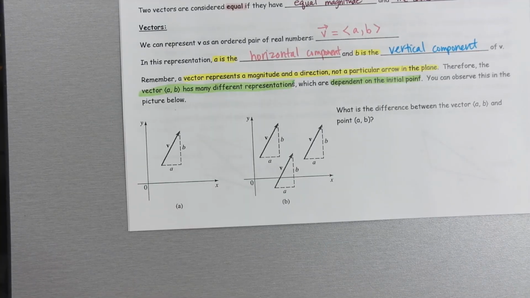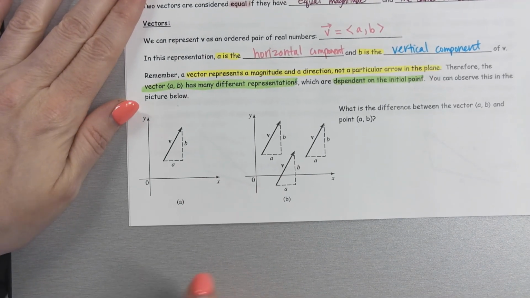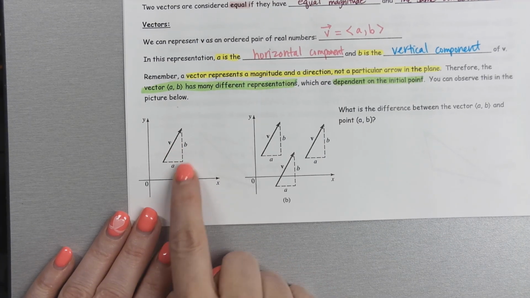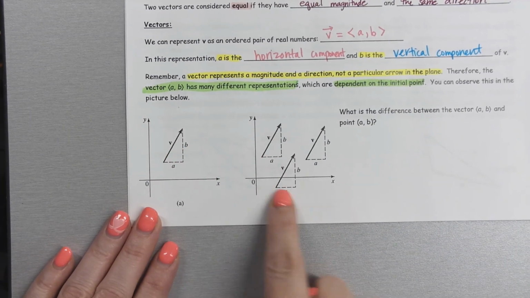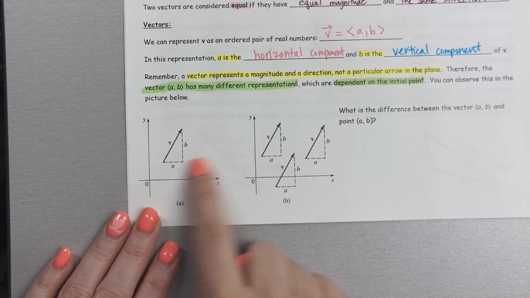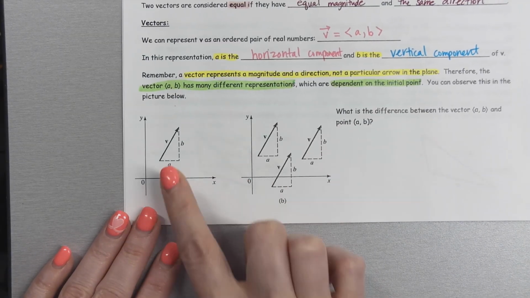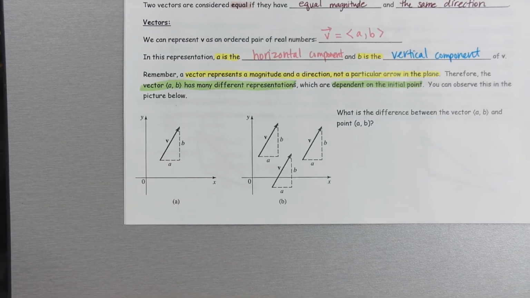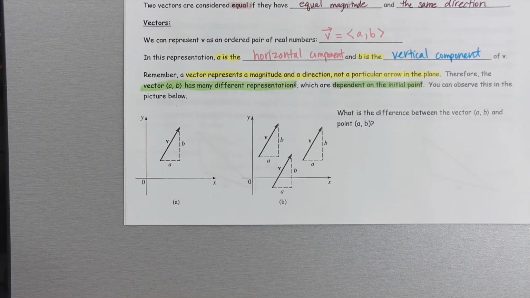You can observe this in these pictures below. Every single one of these has the same A and B value. All of these vectors would be A and B. They all have the same magnitude, but their positions in the plane are different.